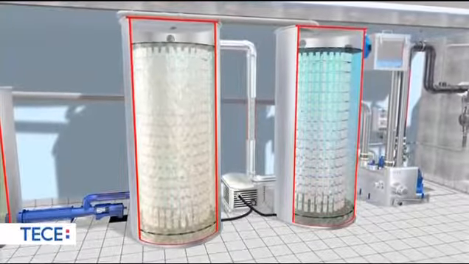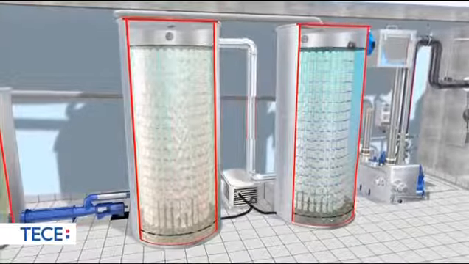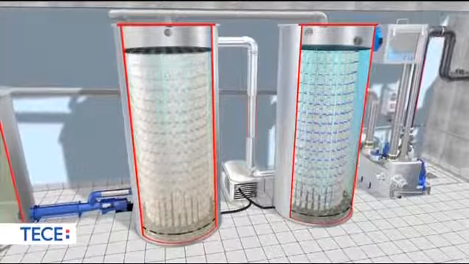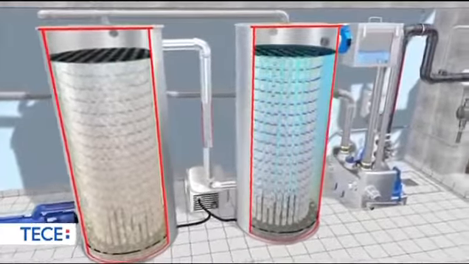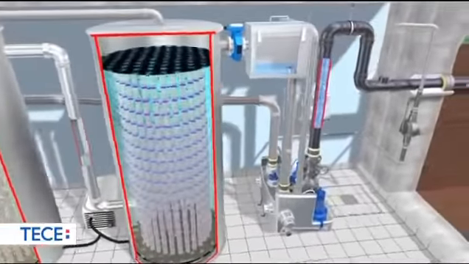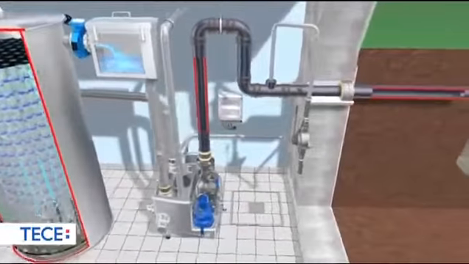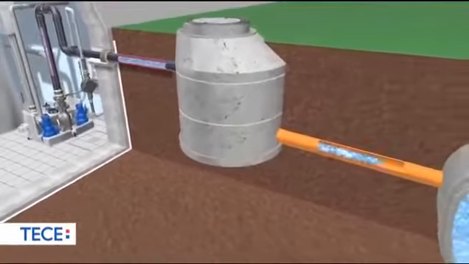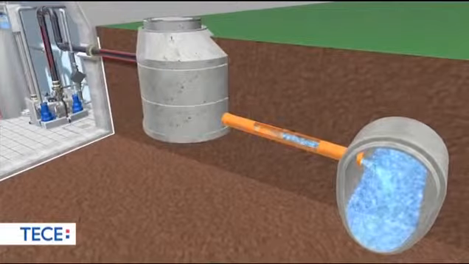During the biological decomposition process, organic pollutants such as grease and oil are converted into water and carbon dioxide. Following the second bioreactor, the grease and oil have fallen to the extent that the wastewater now conforms to legal limits and may be drained to the public sewage system.